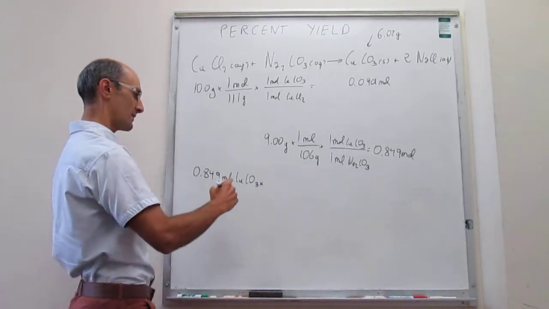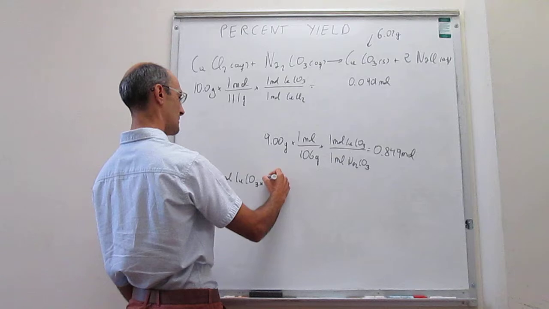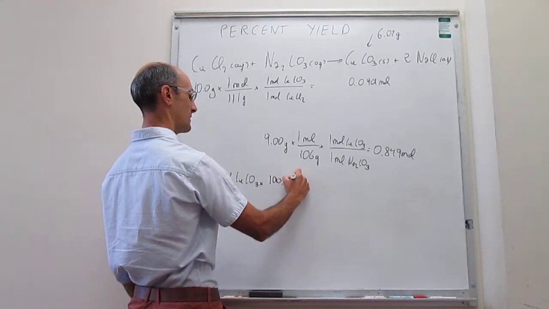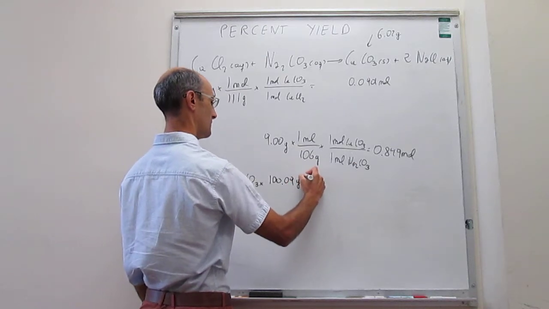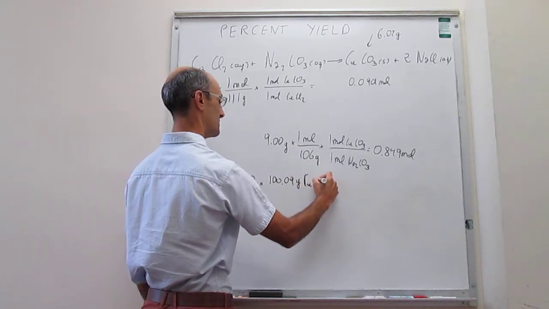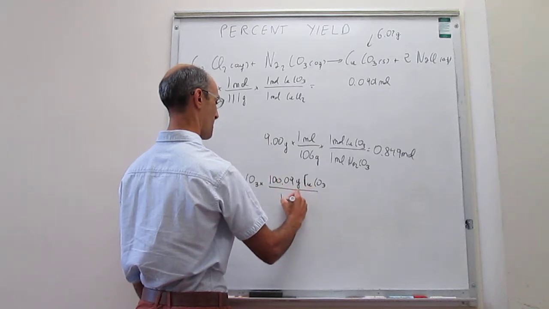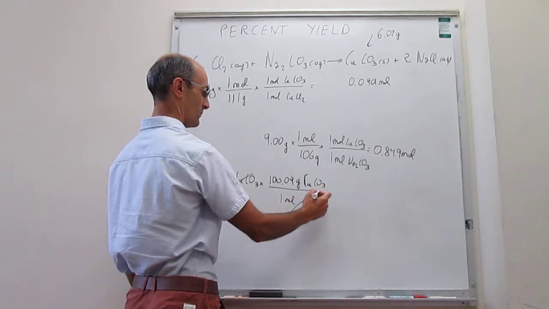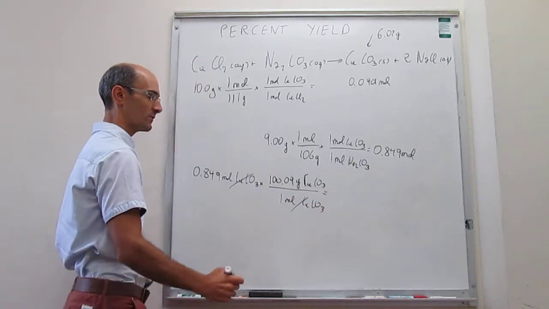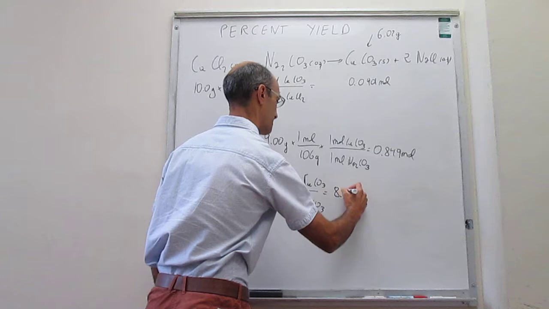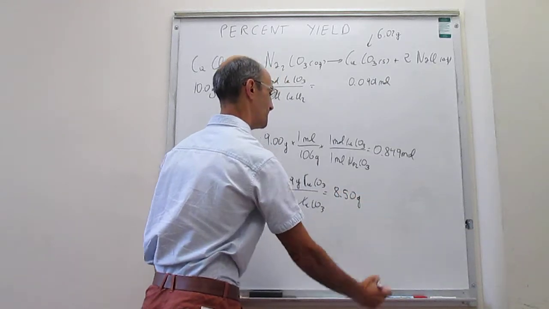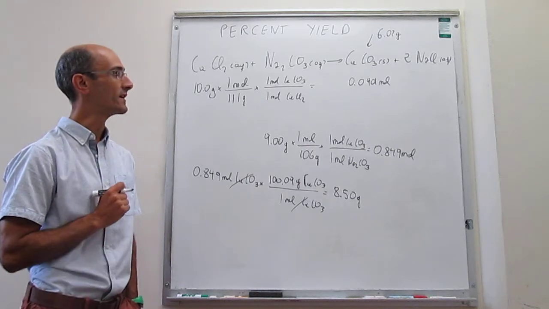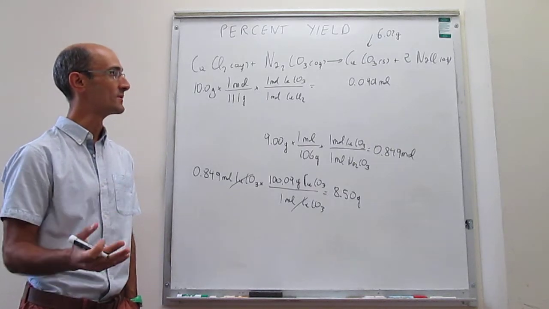The molar mass of calcium carbonate happens to be 100.09 grams of calcium carbonate for each mole of calcium carbonate. Okay, moles goes away with moles. And that is going to give me grams, which is 8.50. Okay, this is the theoretical yield. That's the mass of calcium carbonate that I expect if the reaction goes to 100% completion.